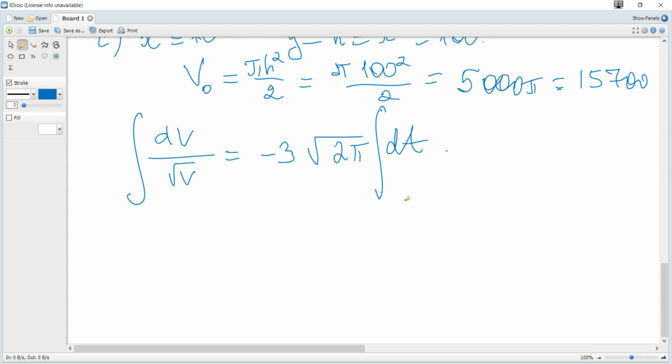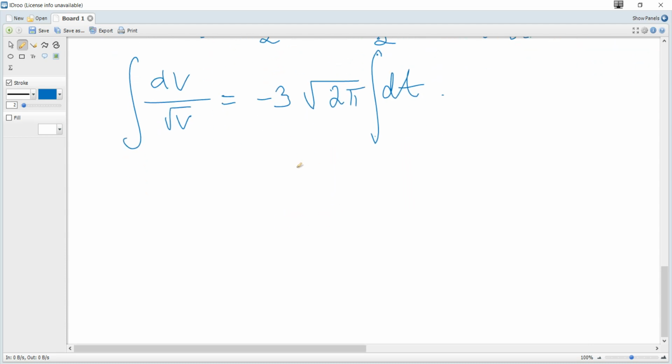When we do indefinite integration, we need to integrate both sides, so to find this integral and this integral. Here we can see that root of V in the denominator can be represented as V to the power of negative a half. Root is to the power of a half.